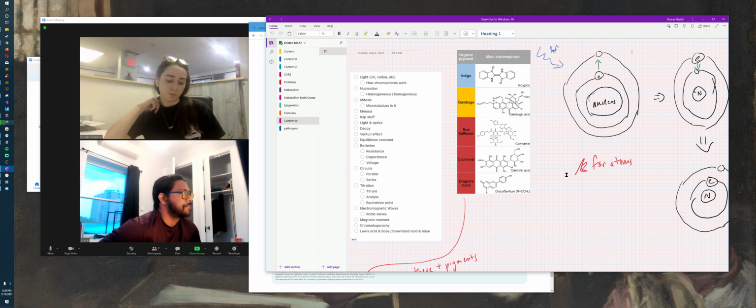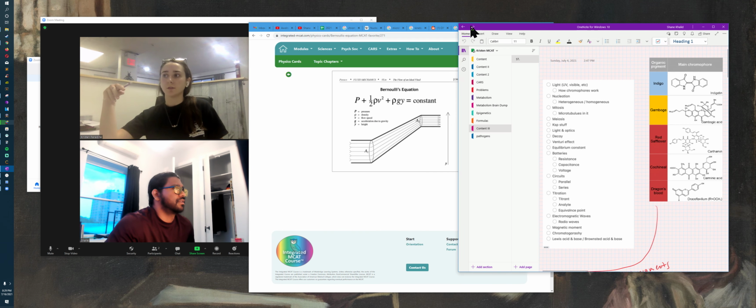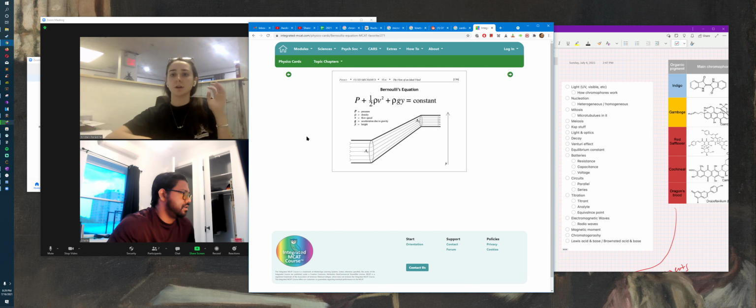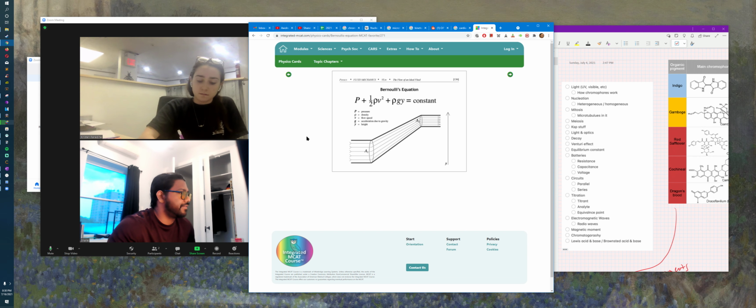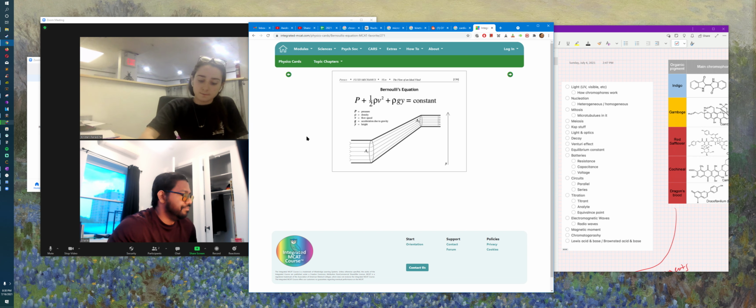The questions had to do with which one would travel the fastest, like if it has a higher affinity for the stationary or the mobile phase. Yeah, so if it has a higher affinity for the stationary phase, it's going to not move as fast.